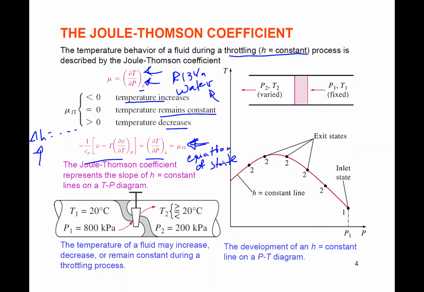But here you have equation of state, right? An equation of state relates pressure, specific volume, and temperature with an equation. Like the ideal gas law is one version of an equation of state. So we can then utilize that to get that partial in there and simplify our equation to see whether temperature, when we throttle that fluid, would increase, decrease, or stay the same at the outlet.